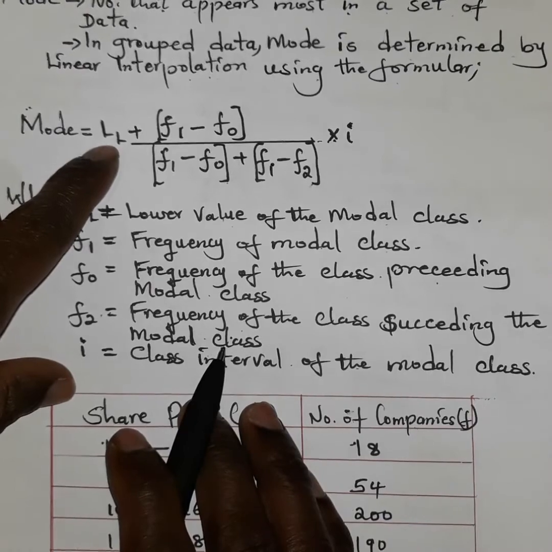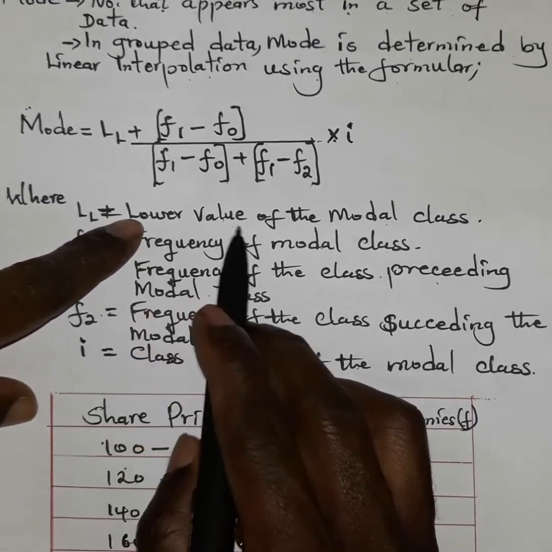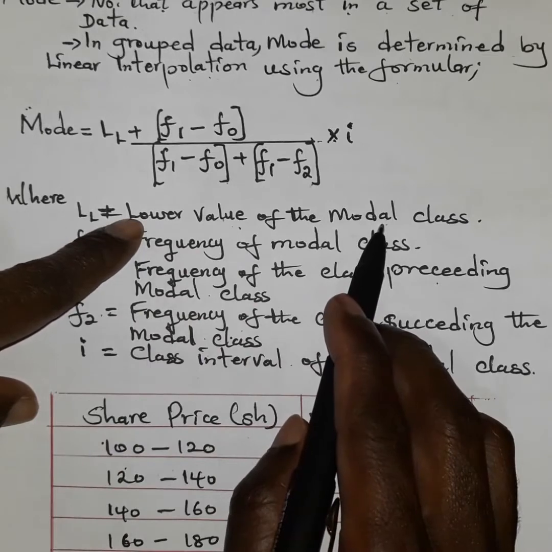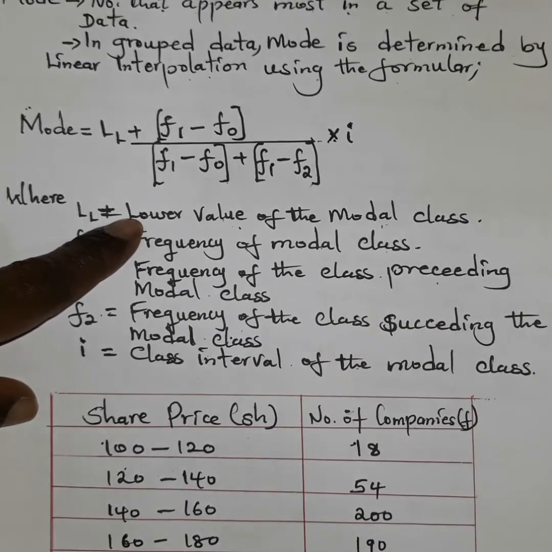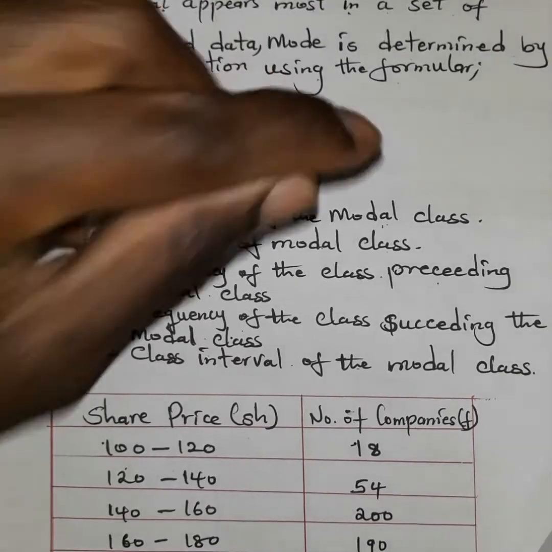Here, L refers to the lower value of the modal class, that is, the lower value of the class in which the mode lies. The class in which the mode lies is given by the highest frequency.